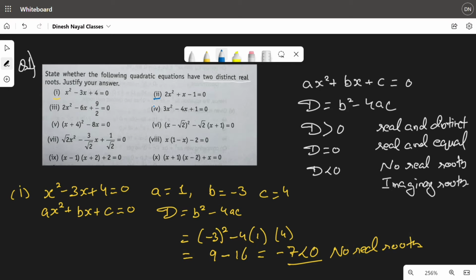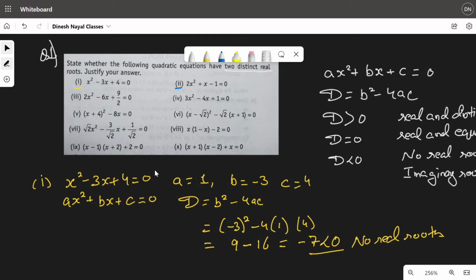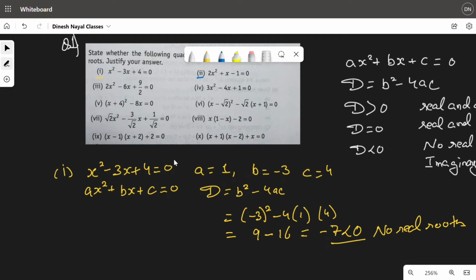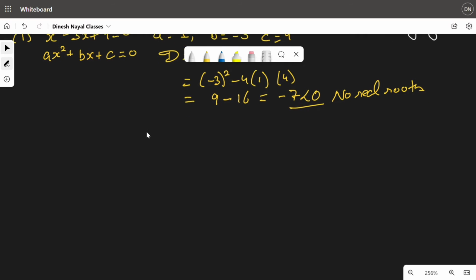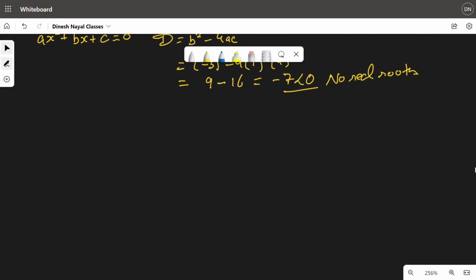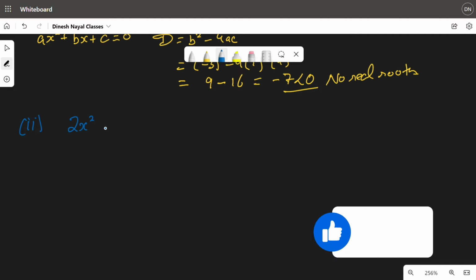Now the second part. They have given 2x square plus x minus 1 equals 0. Writing our second part, which was 2x square plus x minus 1 equals 0.